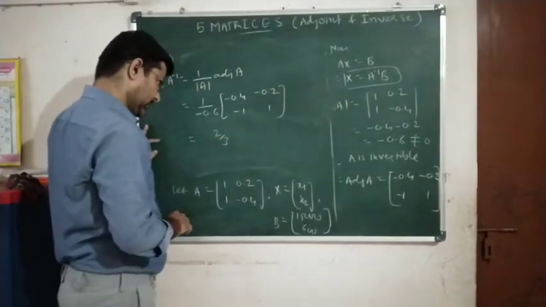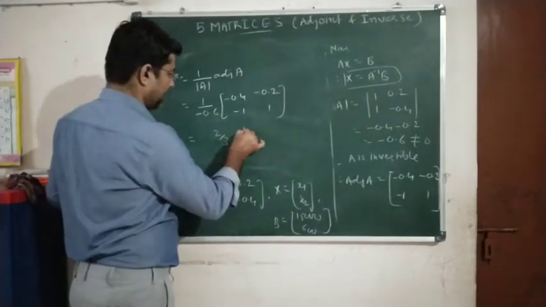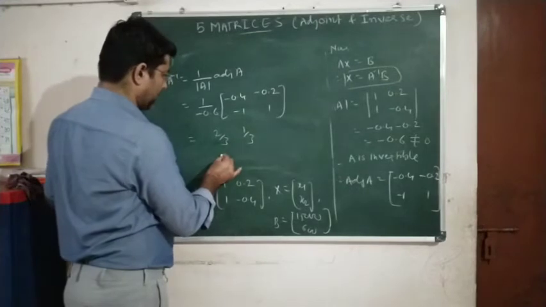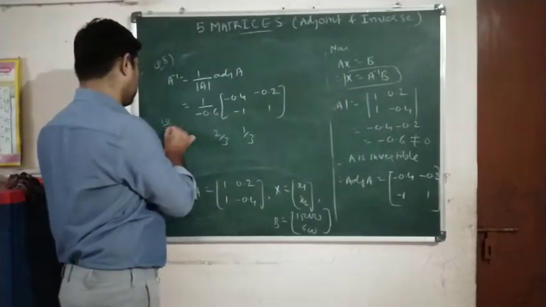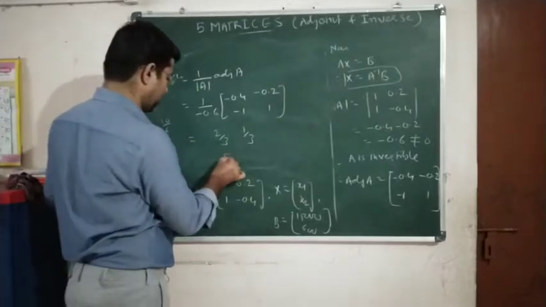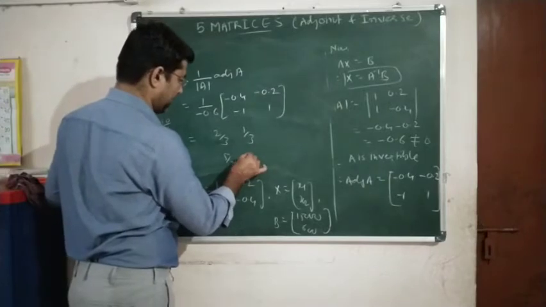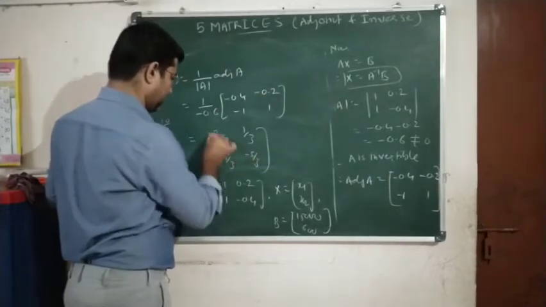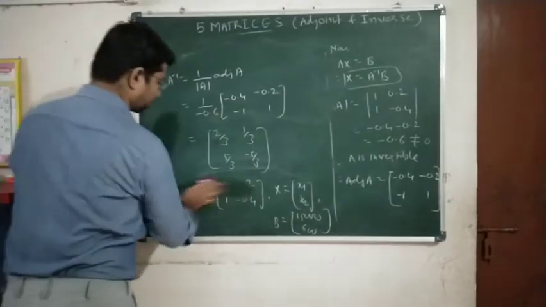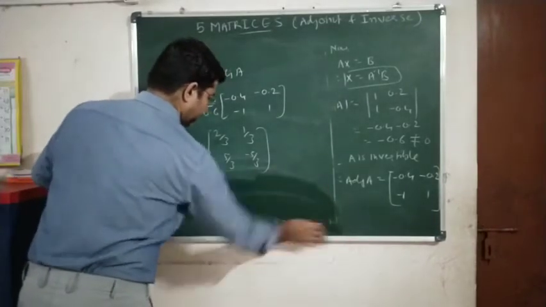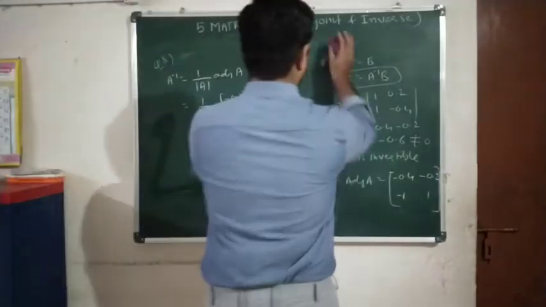Clear? Then 1 by 3. Okay, minus 1 upon minus 0.6, that is 10 by 6, so 5 by 3, and this will be minus 5 by 3. Okay, so this is A inverse. Okay, now we can find out X is equal to A inverse B.